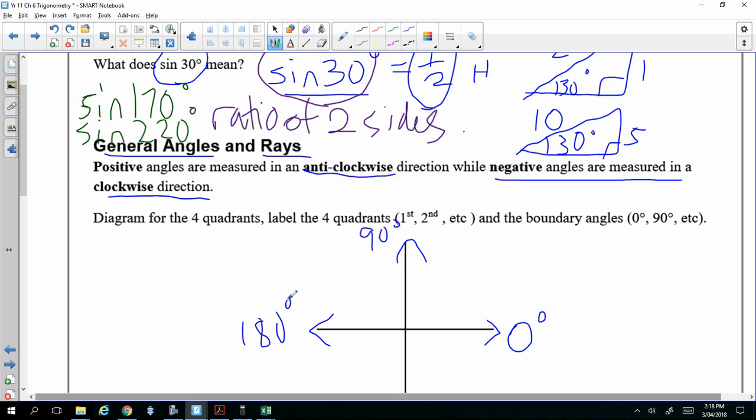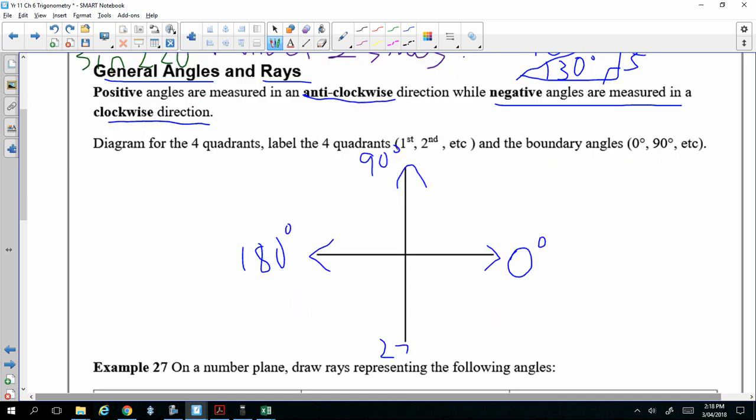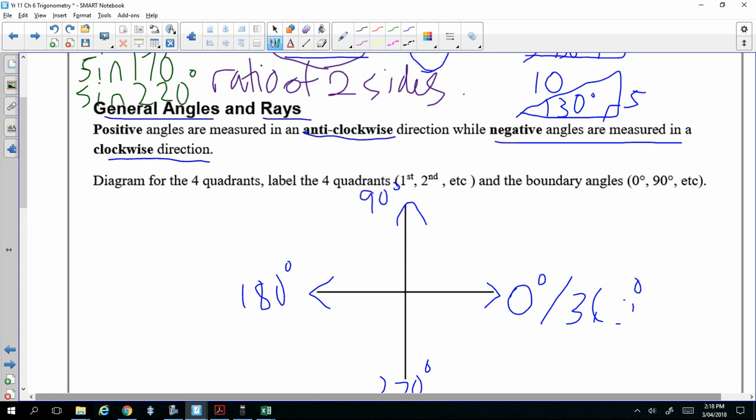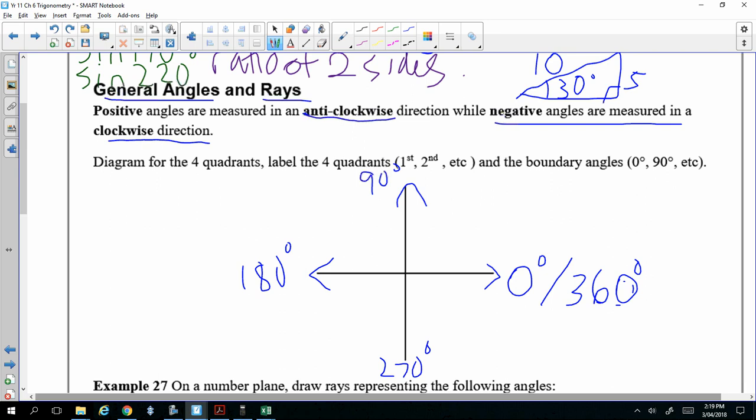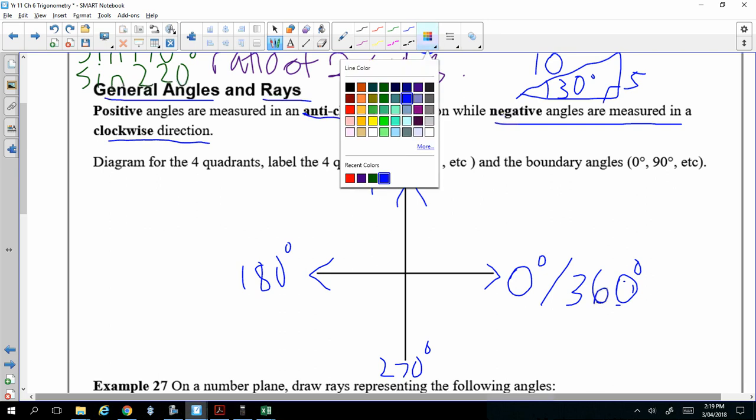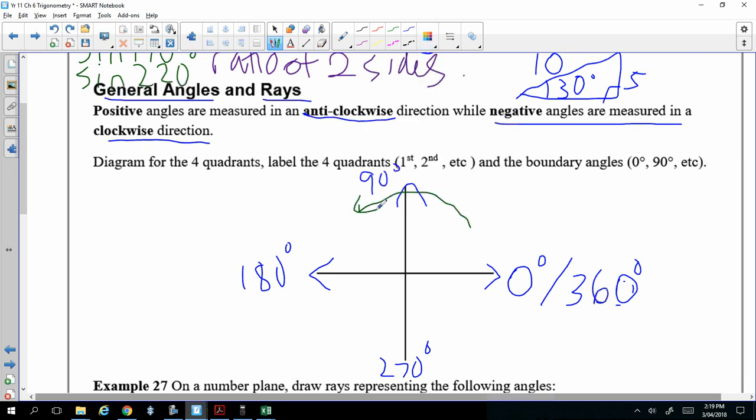Going this way is anti-clockwise, which will result in a positive angle. And going the other way will result in a negative angle. Again, that will be clockwise.